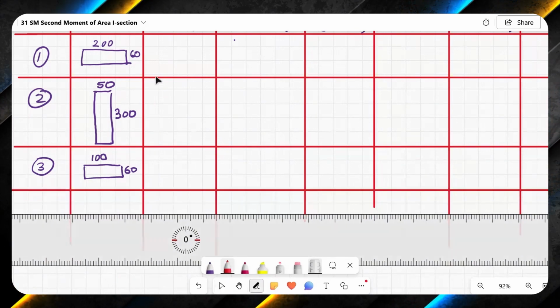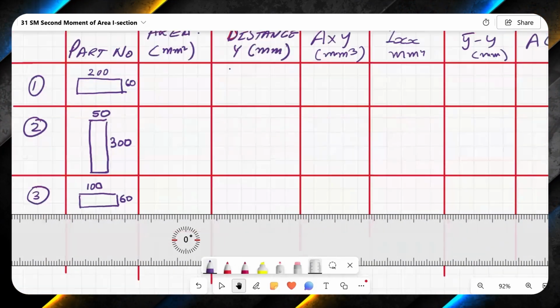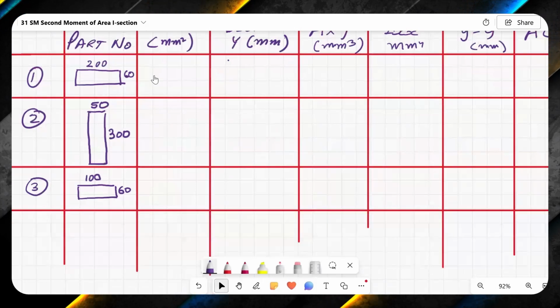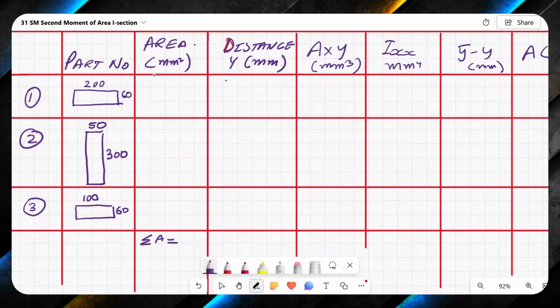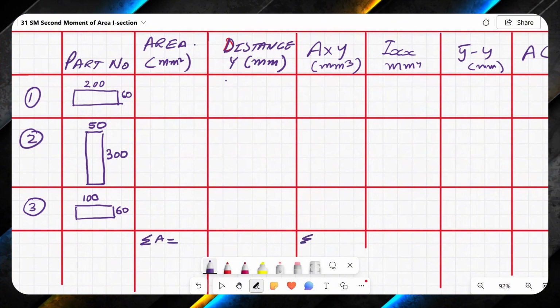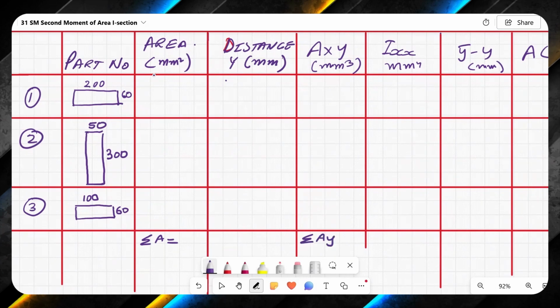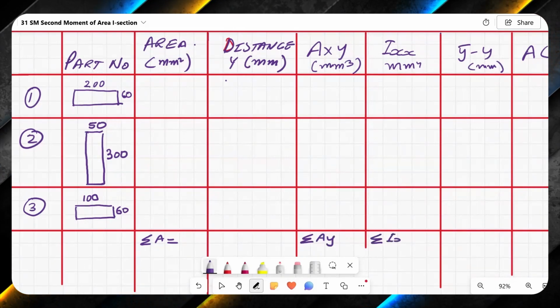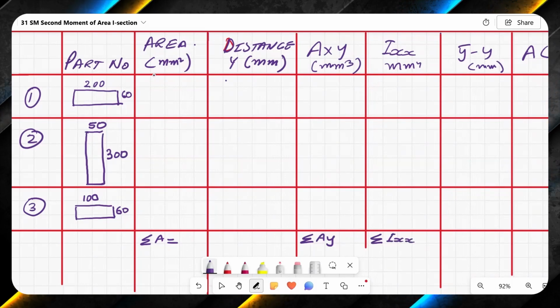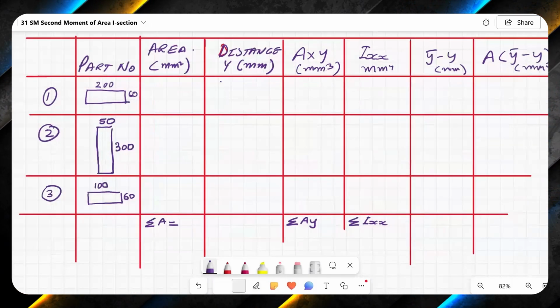And finally, here at bottom, I will have summation of areas. So here I will have summation of area. And here at this place, I will have summation of AY. And in here, I will have summation of Ixx. And at the end, I will have something as well.